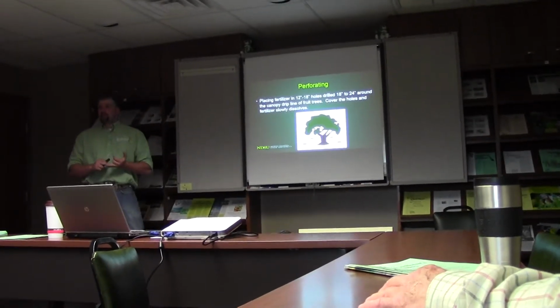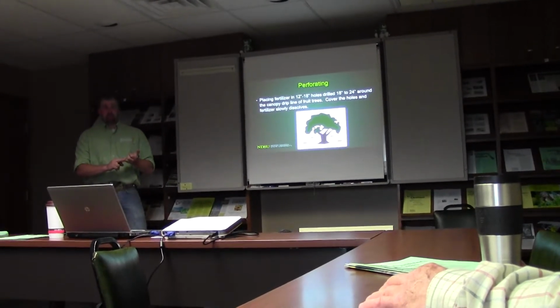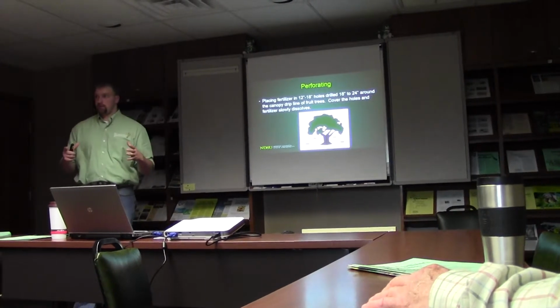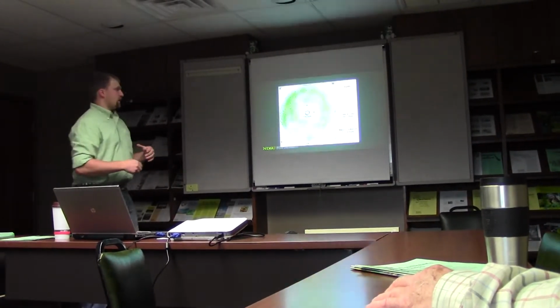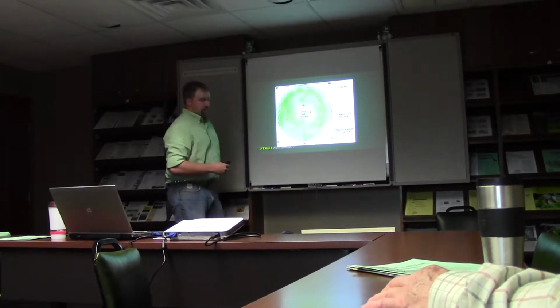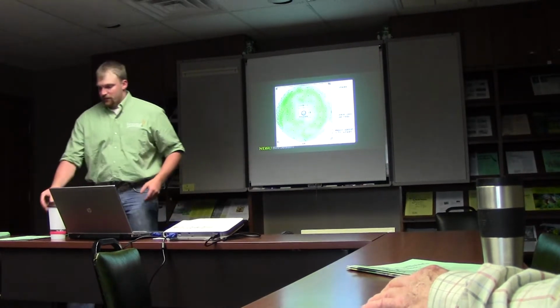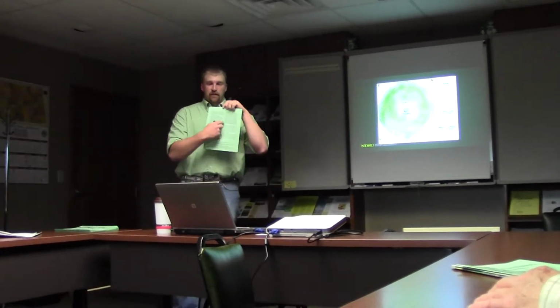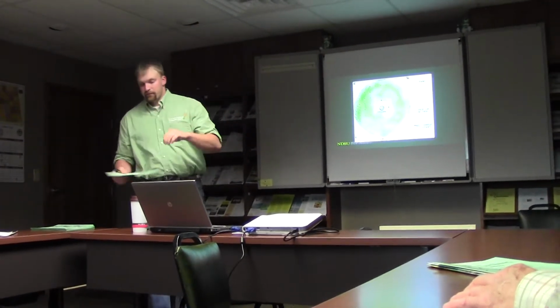Now with lawns and trees, typically a rule of thumb on nitrogen is going to be the same. So it's 1 pound of nitrogen per 1,000 square feet. Okay? How do we figure that out on a tree? There's a couple different methods, and I know I talked about this publication earlier with fertilizing trees. On the very back it tells you about application calculations.